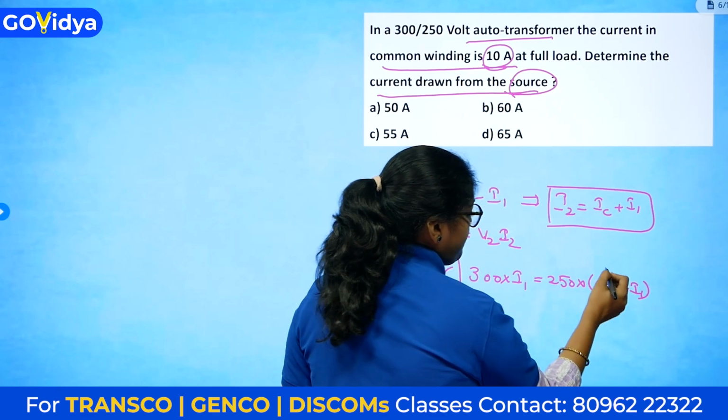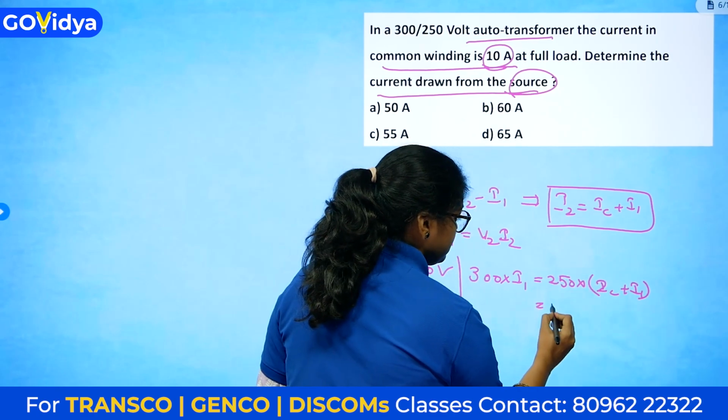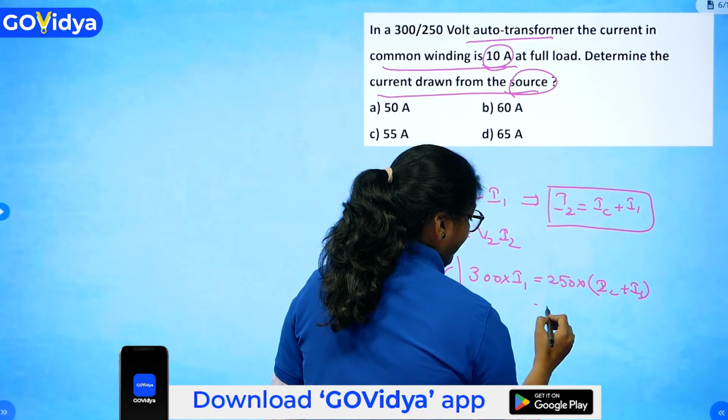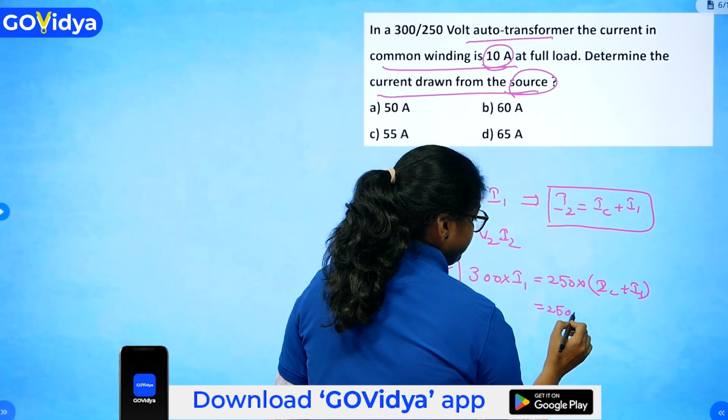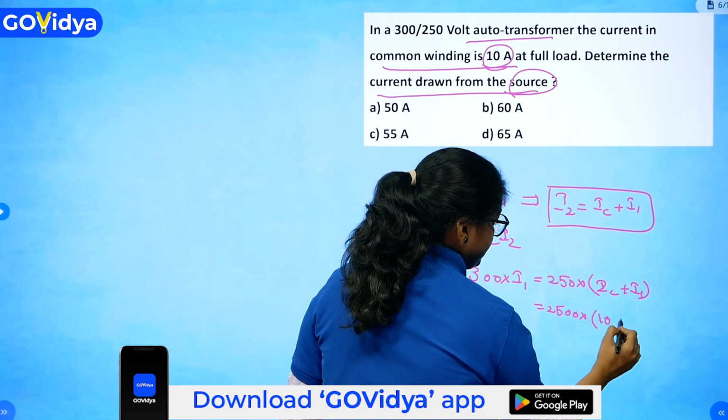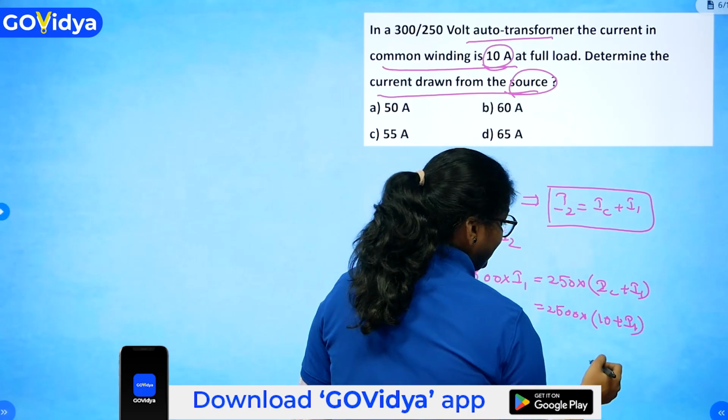But in the question, the common winding current is given as 10 amperes. So 250 into IC value 10 plus I1. I have to calculate the current drawn from the source.